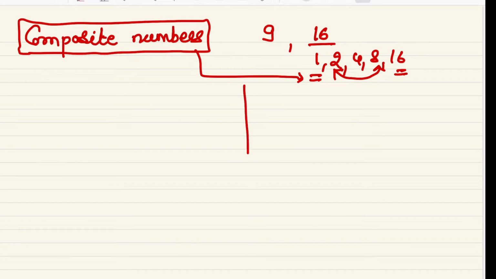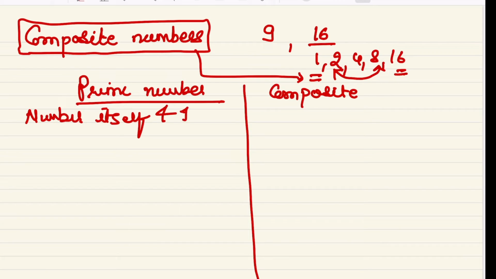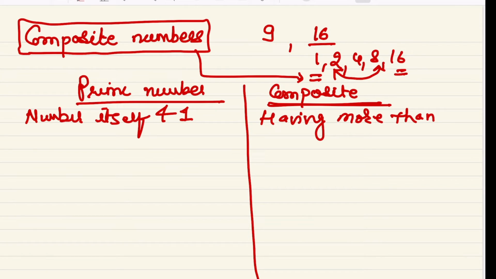So we have learned two things in this tutorial, a prime number and a composite number. Prime numbers are the numbers divisible by the number itself and 1. And composite numbers are the numbers having more than two factors apart from 1 and the number itself.